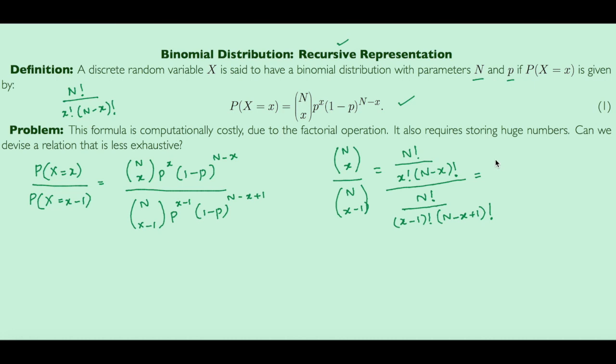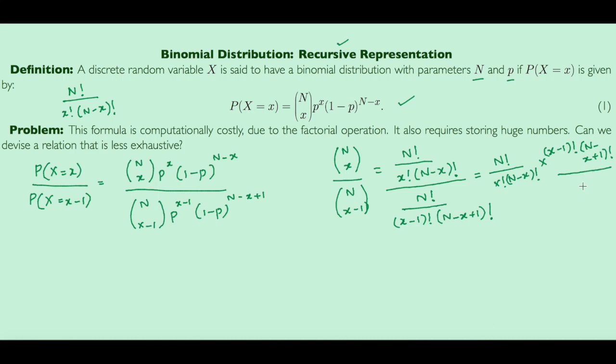The n factorials cancel out. The (x minus 1) factorial cancels with x factorial, because x factorial is x times (x minus 1) factorial. Similarly, (n minus x) factorial cancels with (n minus x plus 1) factorial.